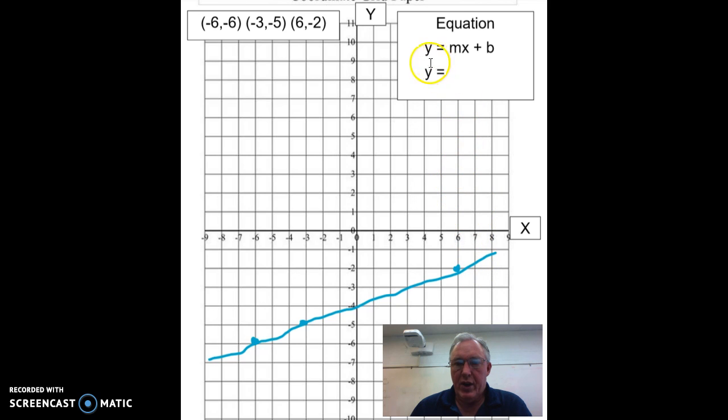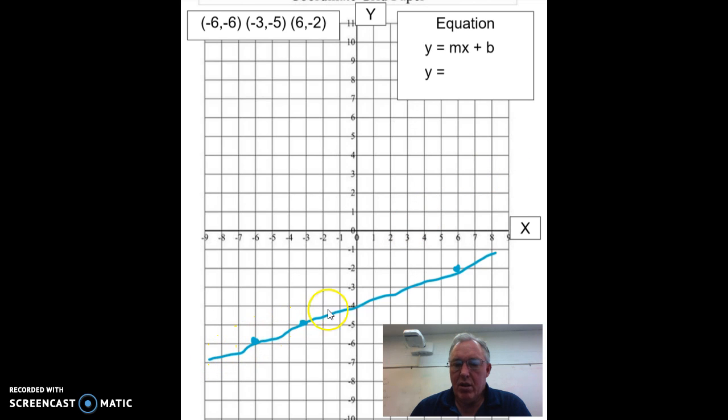So we can see in the upper right hand corner we have y equals mx plus b. So we have to determine what is the slope, or what is m, and what is b. One thing we can do immediately is look at what the y-intercept is, the letter b.